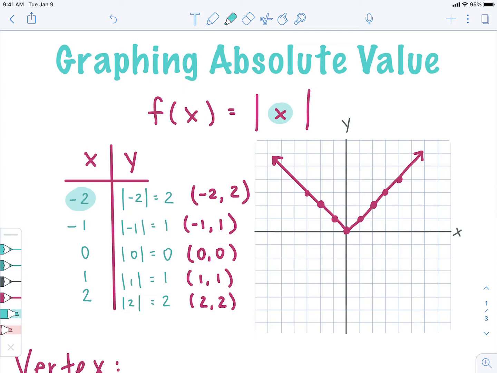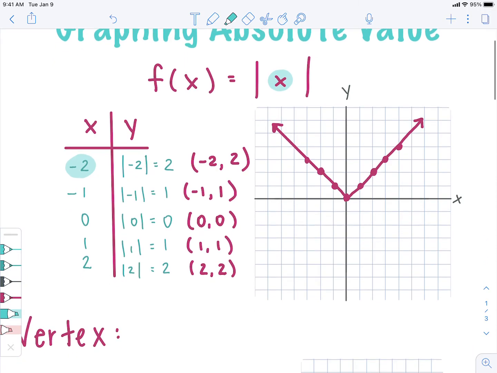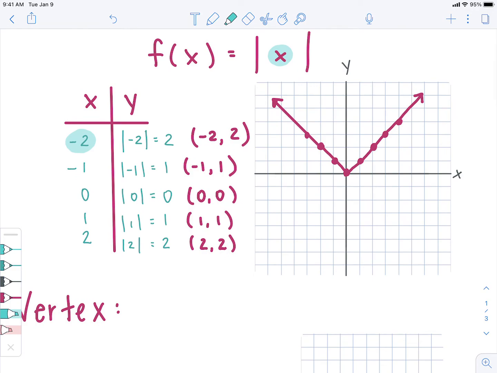Now the most important point that we want to make sure we always find is going to be our vertex. And our vertex is that point where it's changing direction.